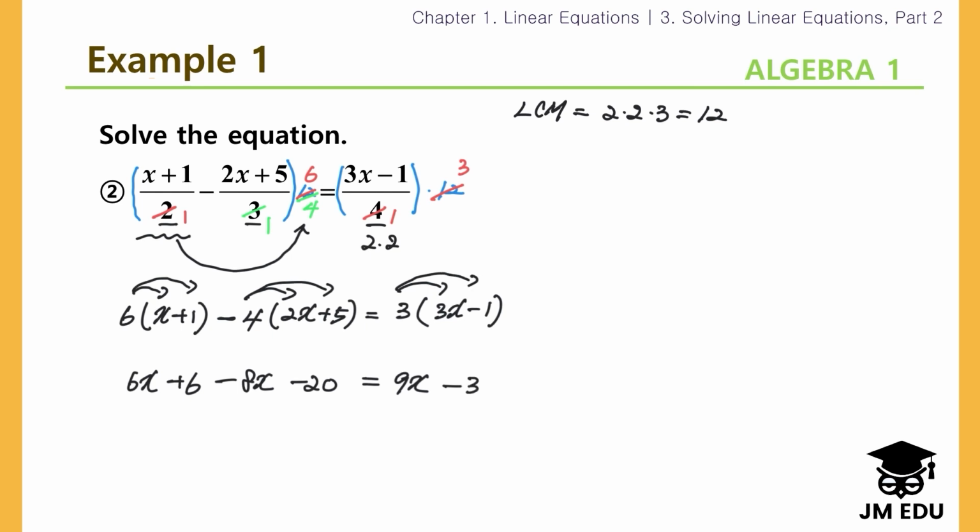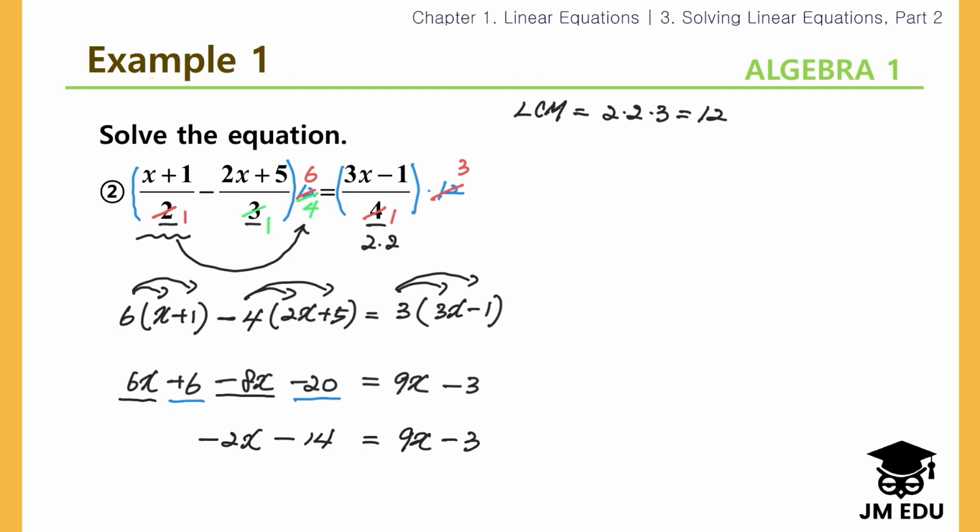We have like terms on the left hand side, 2 x terms, 2 constants. So x terms, 6 minus 8, that's minus 2x. Constant, 6 minus 20, that's minus 14, is equal to 9x minus 3.